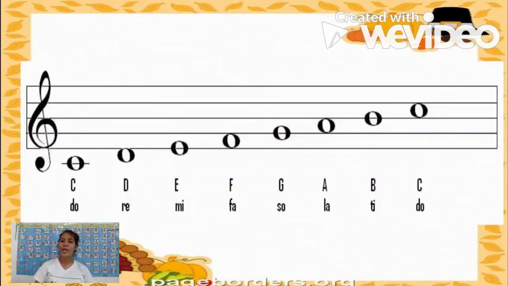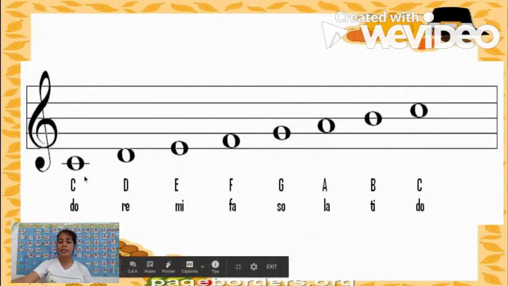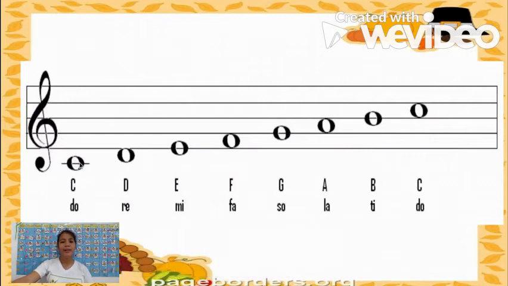Now, how are you going to locate where C, D, E, F, G, A, B, C are placed? These are examples. Here, this is the middle C, which sits below the first line.